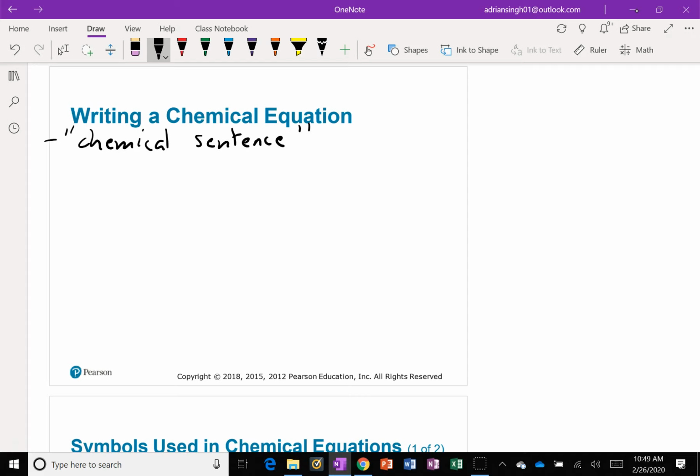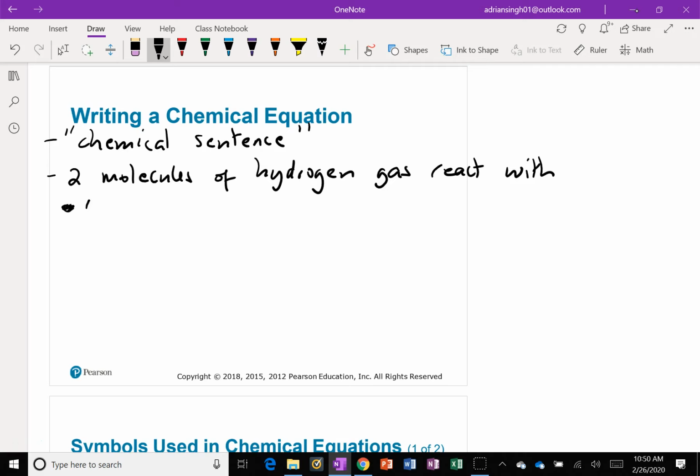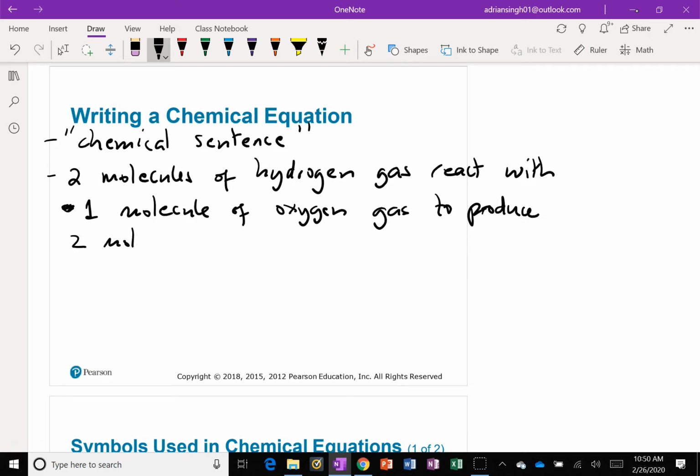So for example, we can say that two molecules of hydrogen gas react with one molecule of oxygen gas to produce two molecules of liquid water.